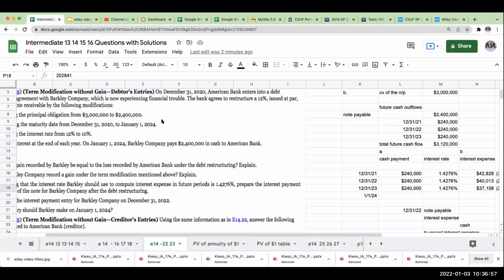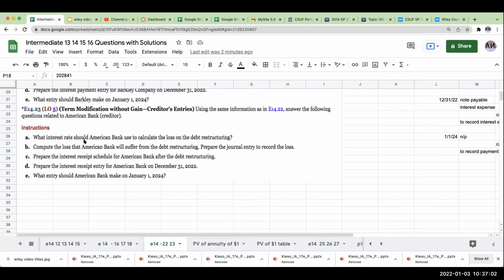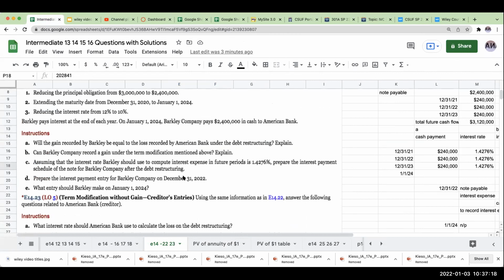Okay, so we're now going to look at exercise 1423. We want to use the same information and answer the following questions, basically related to American Bank, who is the one taking down the note. What interest rate should American Bank use to calculate the loss on the debt restructuring?